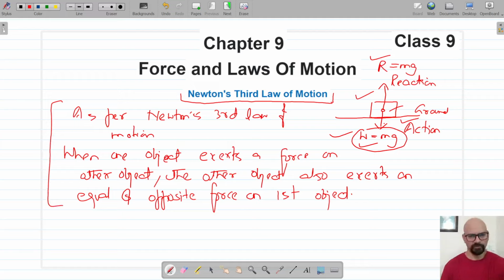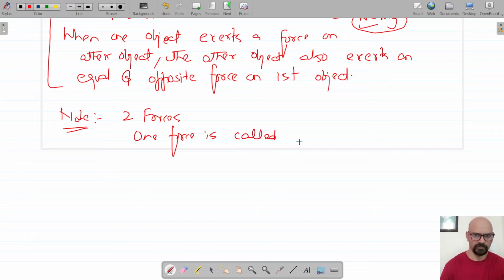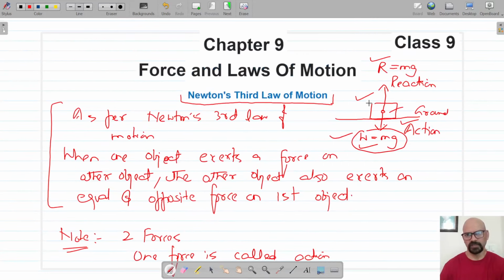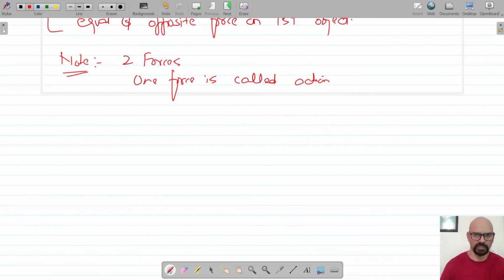So we have to remember some important points regarding this Newton's third law of motion. The things to be noted are, first of all, there are two forces. One force is called action and the other force is called reaction.